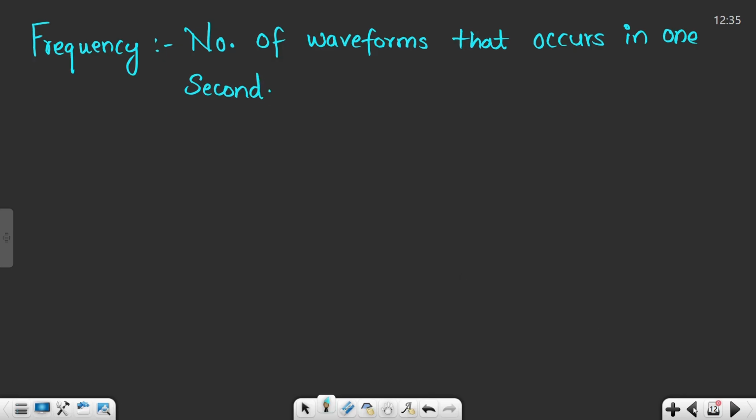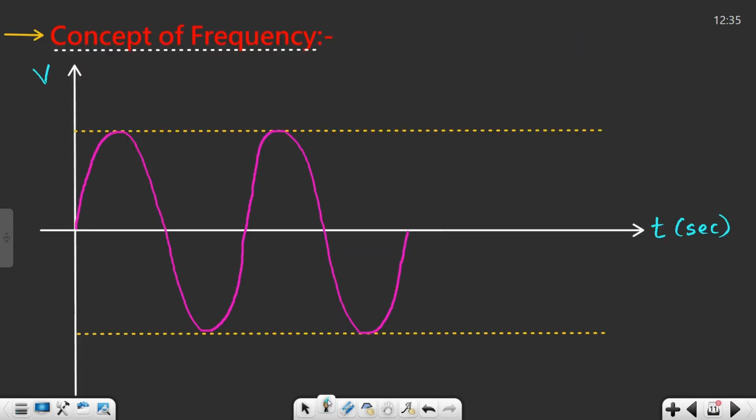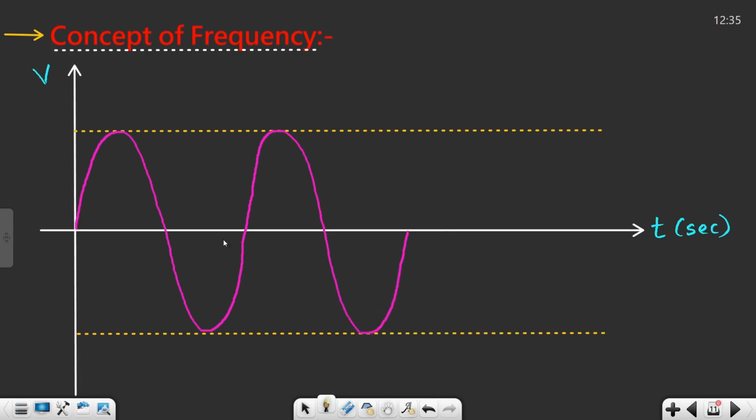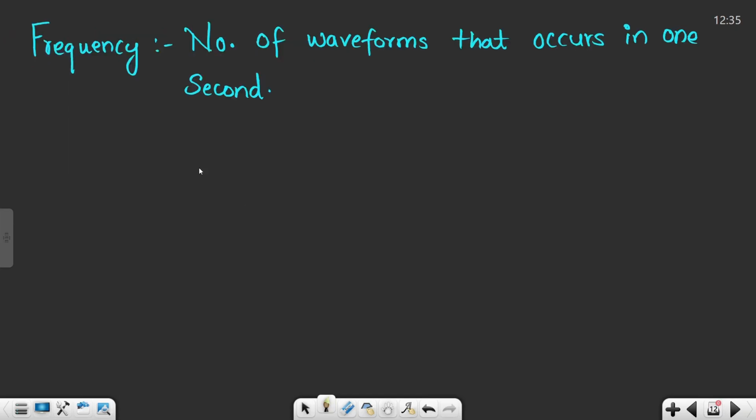So if I say this is, let's say, 1 second, this is 0.5 second, and this is 0 seconds, right? So what is the frequency? The frequency is nothing but 1 hertz. Okay, the unit of frequency is hertz, Hz.